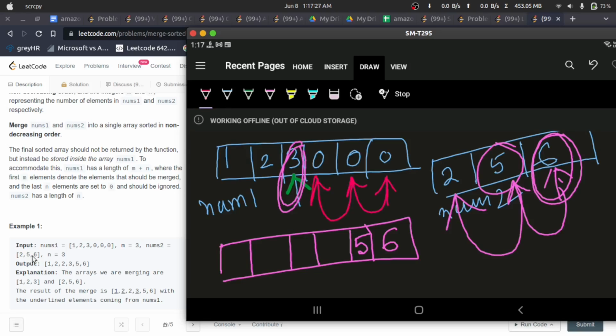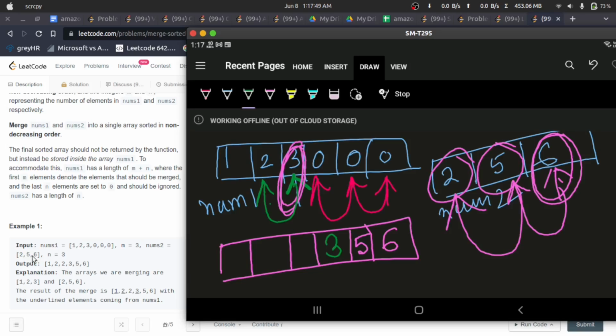Now I am comparing 3 and 2. Here 3 is greater, so I am putting 3 there and moving the pointer.